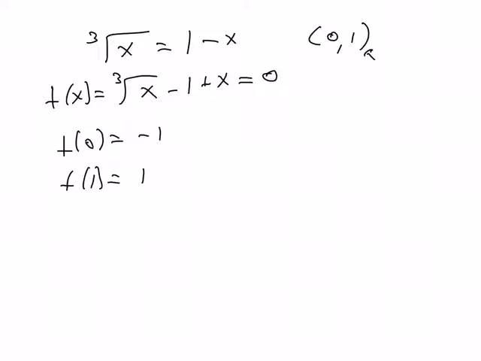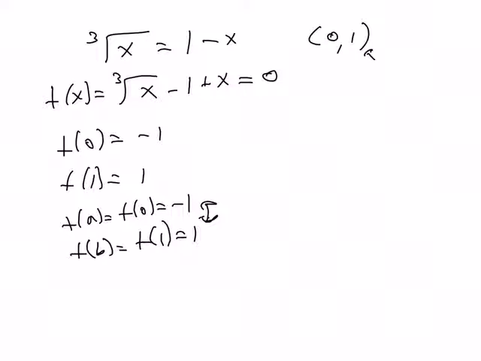So again, by the intermediate value theorem, there's a number. This is f of a equals f of 0 equals negative 1. f of b equals f of 1 equals 1. So there's a number between them, 0. We can choose 0 to be the number between them. So we know that f of c for some c is going to be equal to 0.